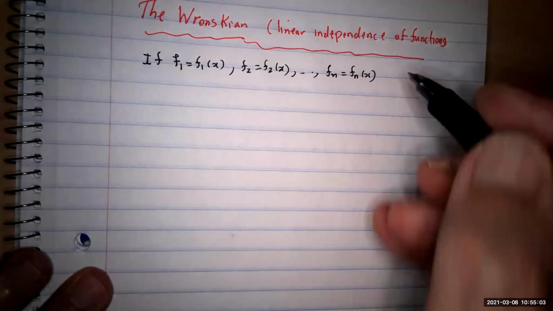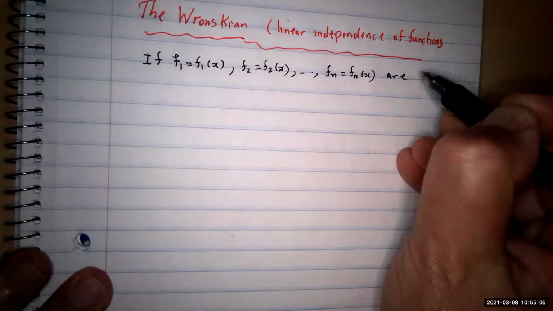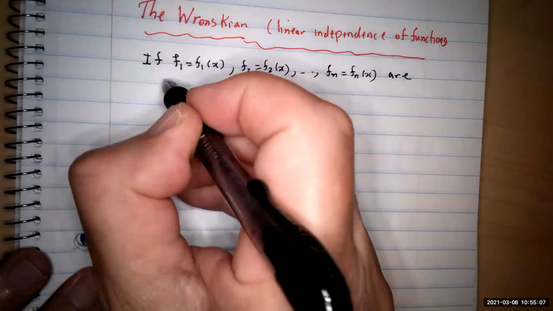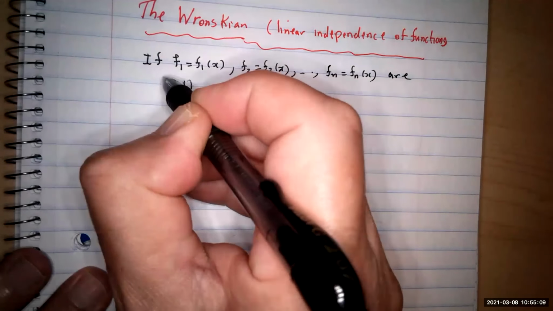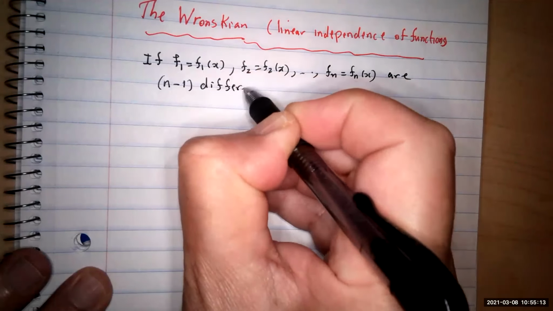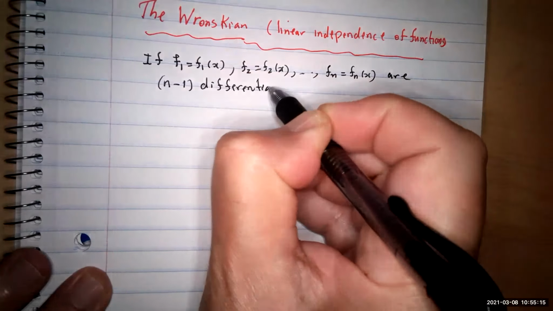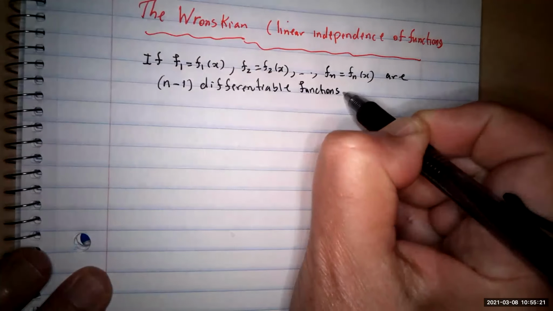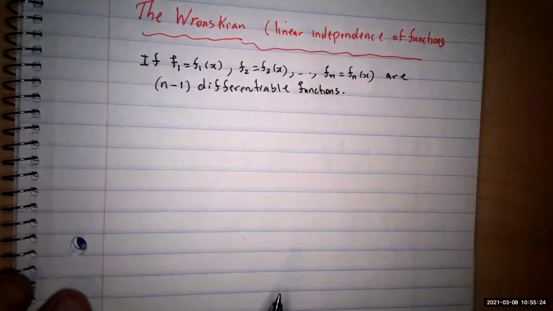They are going to be n minus 1 times differentiable functions. N minus 1 depends how far you go.